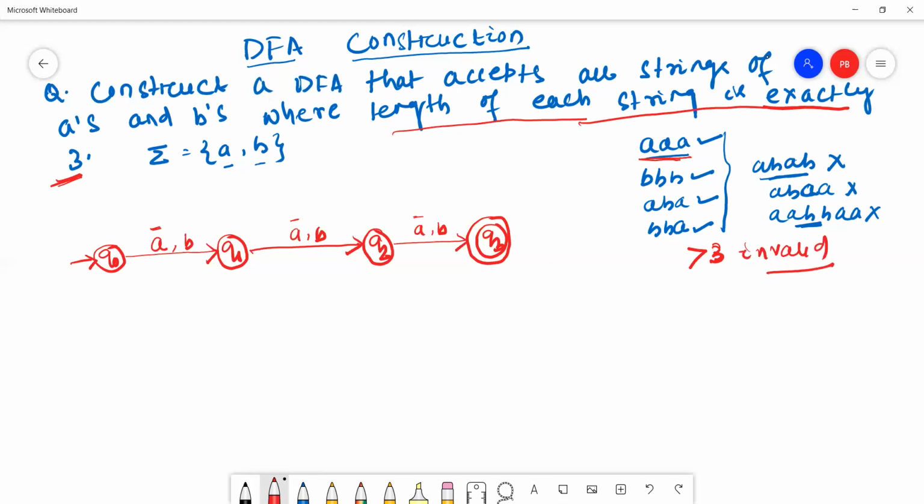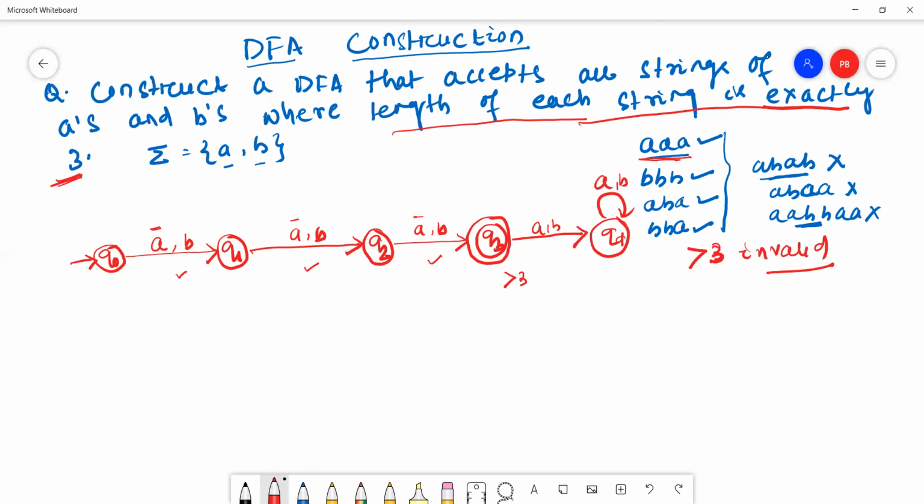So this one is exactly 3: it is first one, second one, and third one. If it is greater than 3, then it will go to the dead state, QD. Hope all of you understand this question.